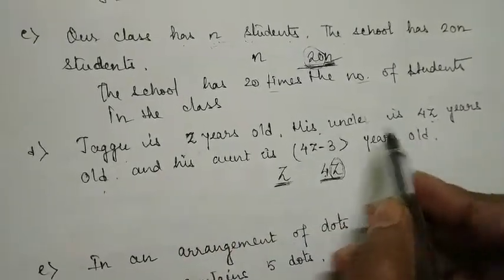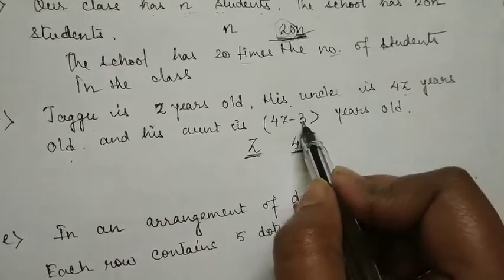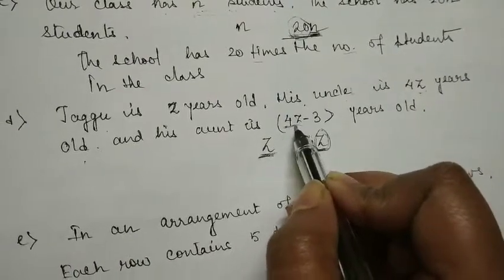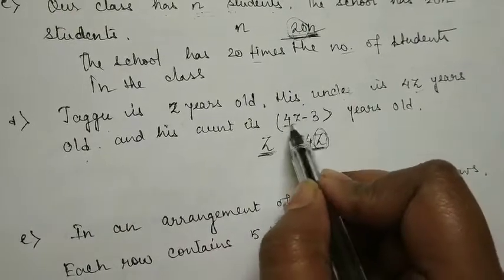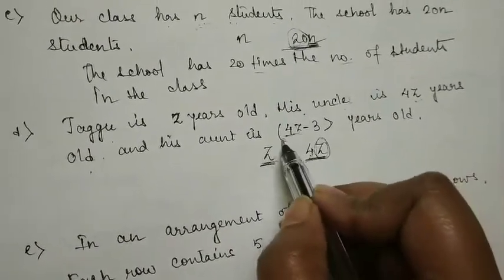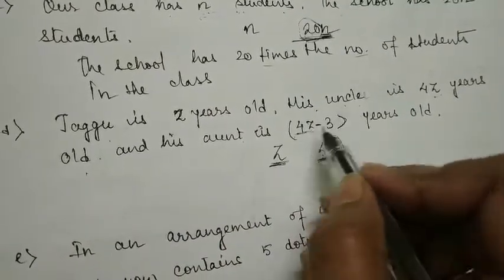And there is a second part also in this question, that his aunt is 4Z minus 3 years old. Now 4Z is whose age? Uncle's age. So that means we will find the aunt's age in relation to the uncle's age. So we will write the aunt's age in terms of the uncle's age.